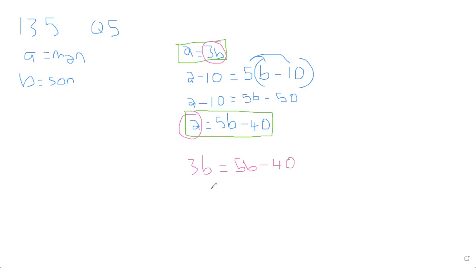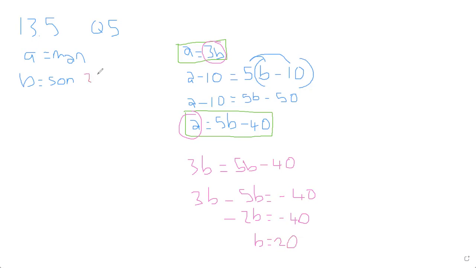All right, I'm going to rearrange this. So 3B minus 5B is negative 40. So then I get negative 2B is negative 40. Then I'm going to divide both sides by negative 2. So B is 20.